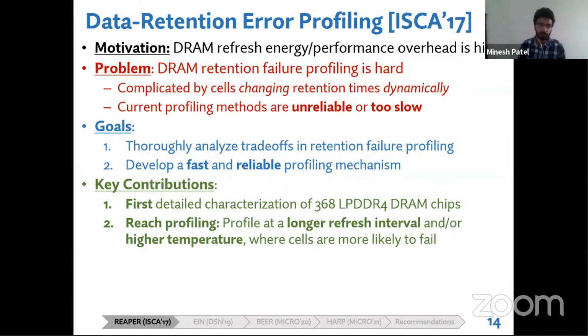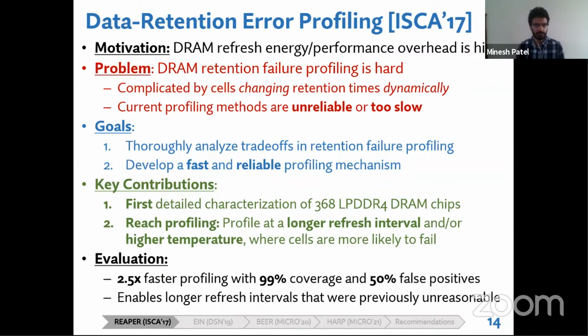And second, we use what we learned from our error characterization study to propose reach profiling, which profiles at a longer refresh interval and/or a higher temperature relative to the target operating conditions, where cells are more likely to fail. Through our evaluations, we find that reach profiling increases profiling performance by an average of 2.5x and enables longer refresh intervals that previously were unreasonable due to the profiling overhead.